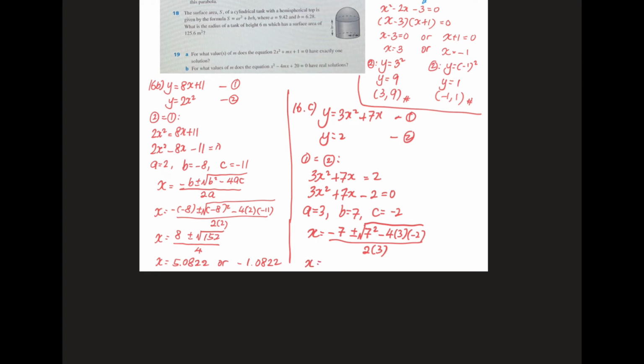Okay, now again we count everything in the square root. So 7 squared minus 4 times 3 times minus 2, square root of 73, over 6.